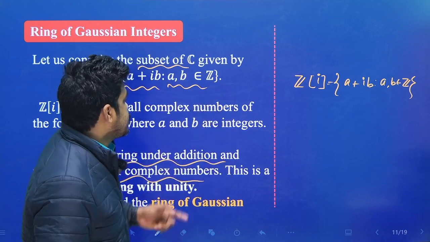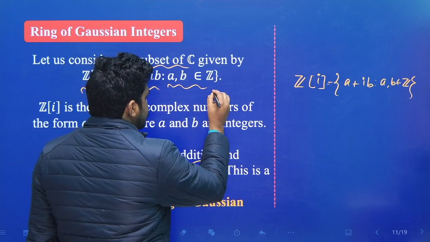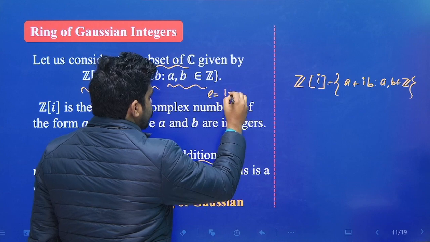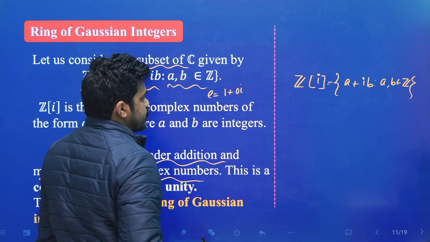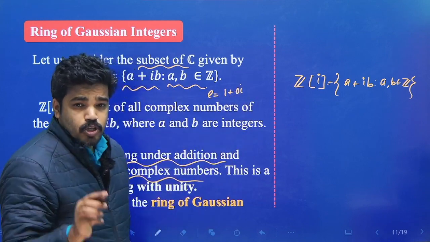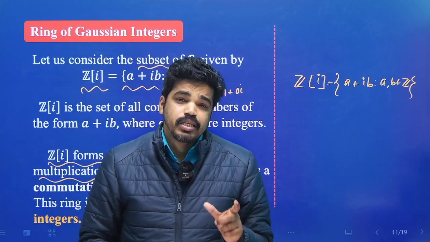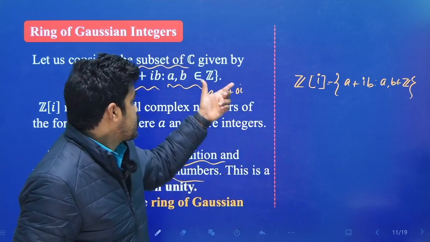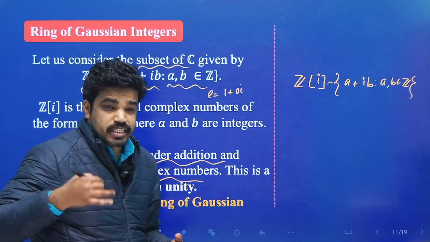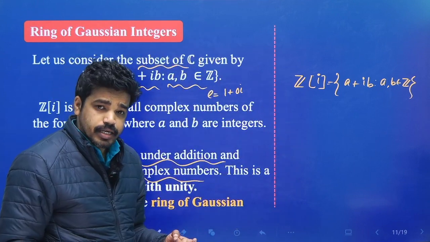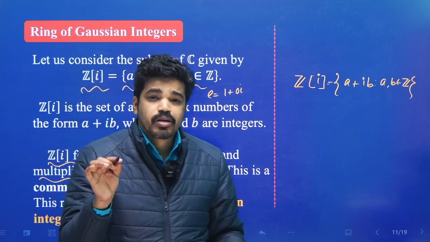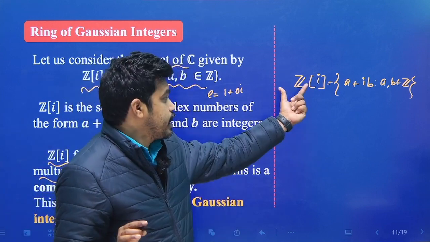And this ring, Zi, is a commutative ring with unity. What is the identity element? Here the identity element is 1 plus 0 dot I. That means 1 is the identity element. So Zi is a commutative ring with unity. This ring is called the ring of Gaussian integers. So what form will the elements of Zi have?